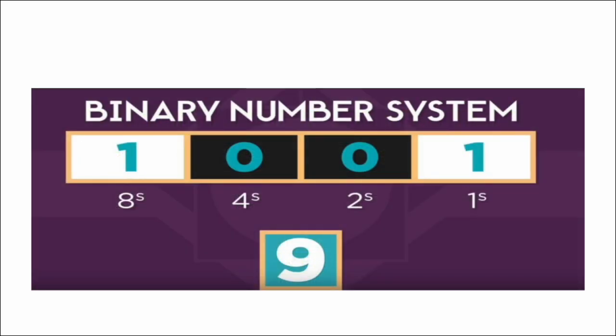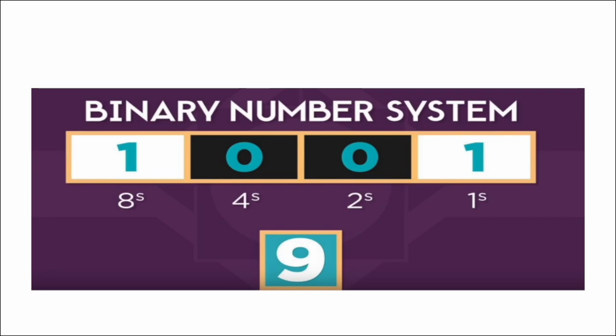This is another binary number, 1001. Its equivalent decimal value is 9, because 1 into 2 power 0 plus 0 into 2 power 1 plus 0 into 2 square plus 1 into 2 cube. You can actually ignore the places with 0 values. Just take the places with value 1 and add those place values.